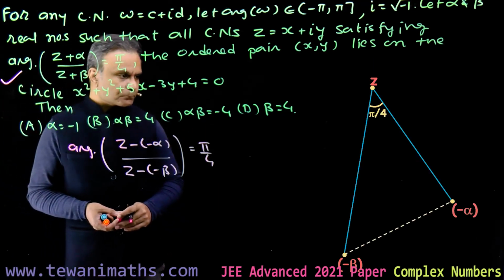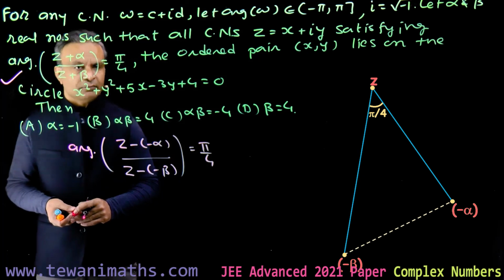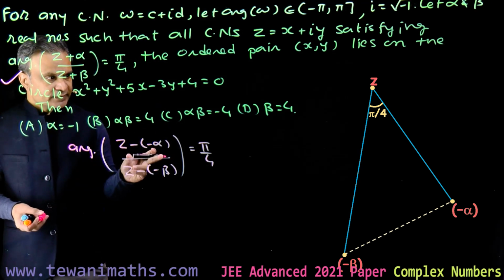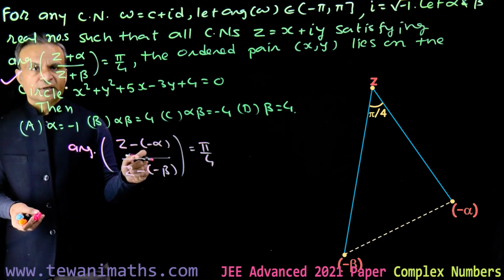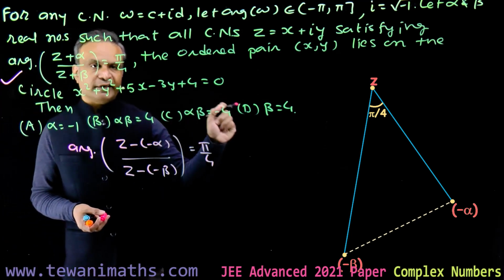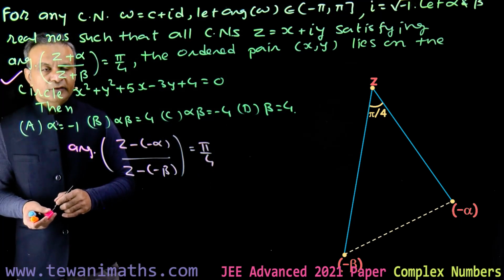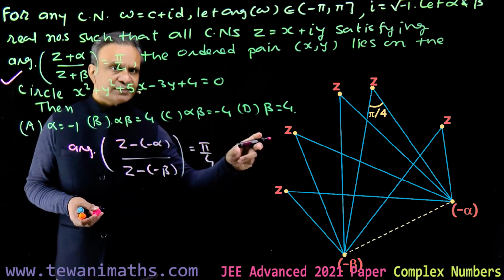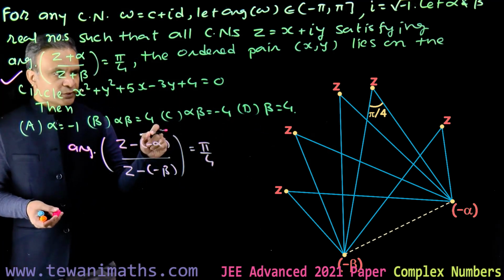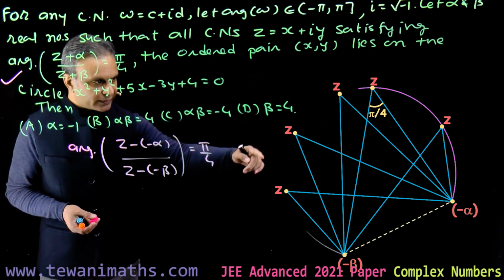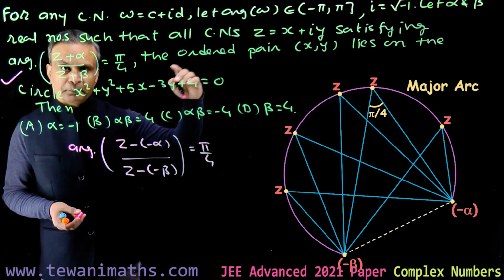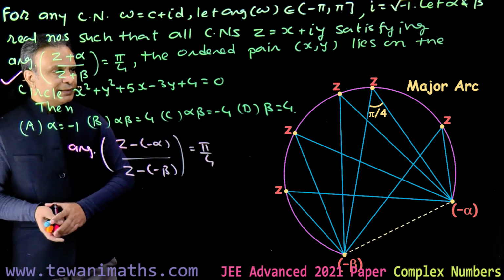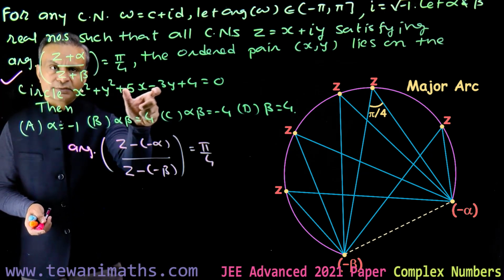Here we draw the figure. We have fixed complex numbers minus alpha and minus beta, and variable complex number z. There will be infinite complex numbers z where the angle subtended by this line segment will be pi by 4. So we join all these points and these points lie on the major arc of the circle. Now all these points lie on the circle whose equation is this.